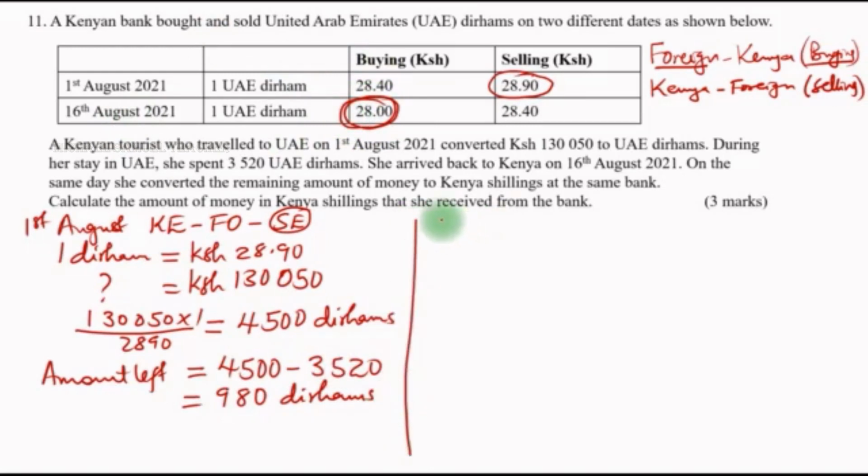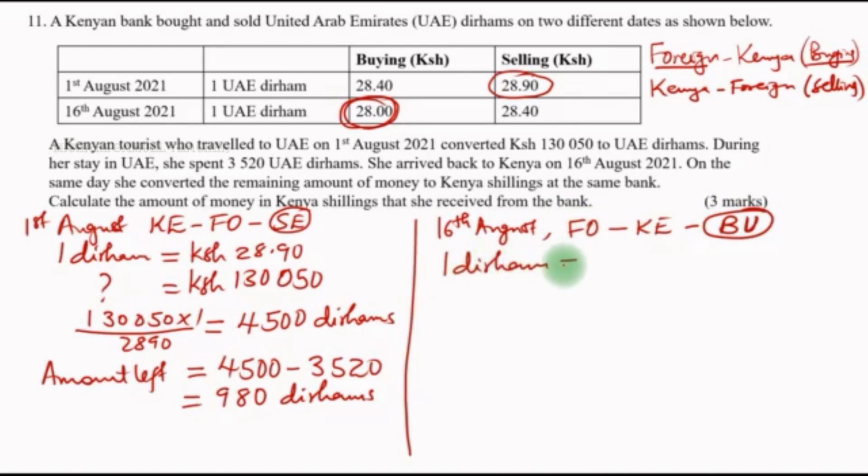So 1 dirham, in that case, is equivalent to 28 Kenyan shillings.